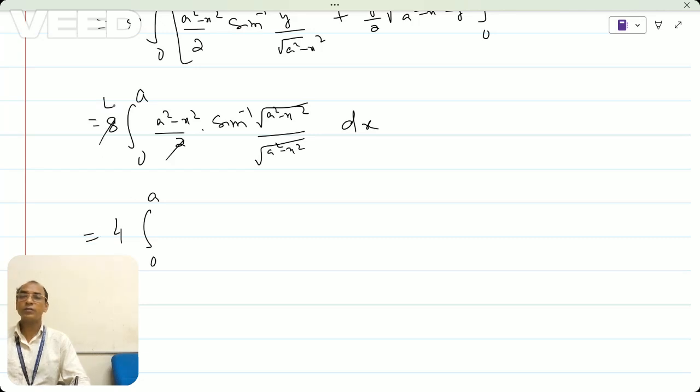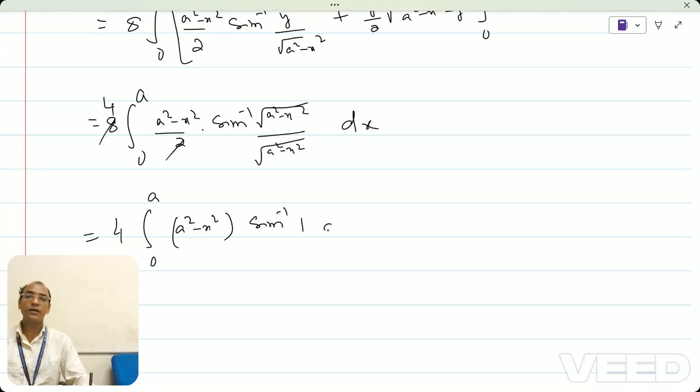Then I write 4 integration 0 to a, combining this 2 and this 8, so that will be 4 times integration 0 to a of a square minus x square into sine inverse of 1 dx.